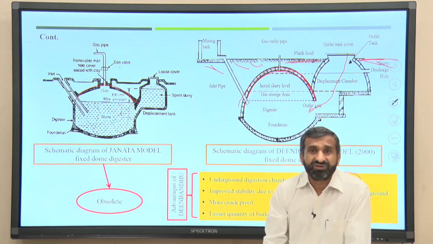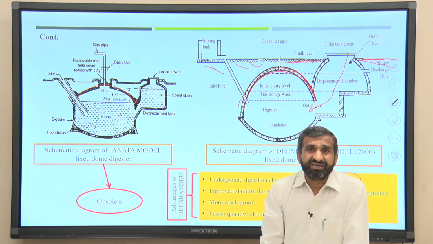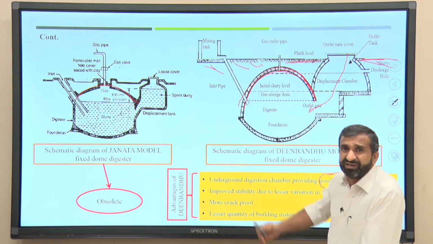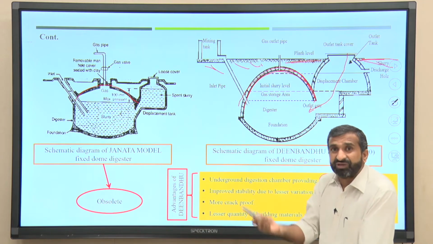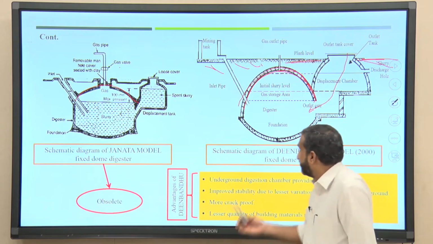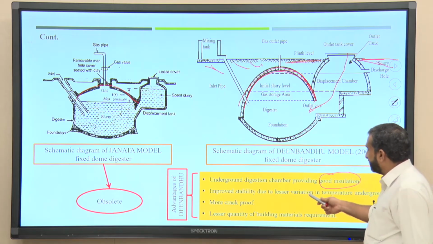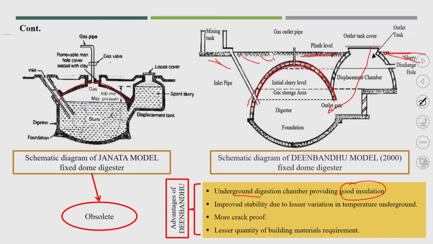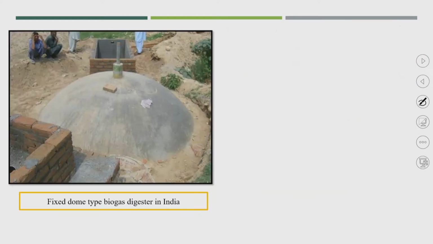Like I talked about, the composting process is also affected by the different climatic conditions. Similarly this anaerobic digestion is also highly affected compared to an aerobic degradation process like composting. So, this entire unit will be underground, so that it will not create any problem from the local conditions. Improved stability due to lesser variation of temperature underground, more crack proof and lesser quantity of building material requirement. That was the benefit of the Deenbandhu model.